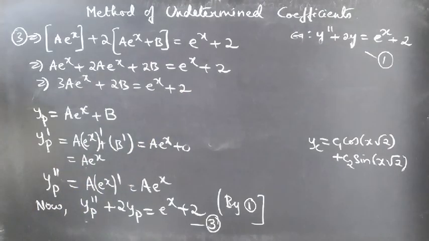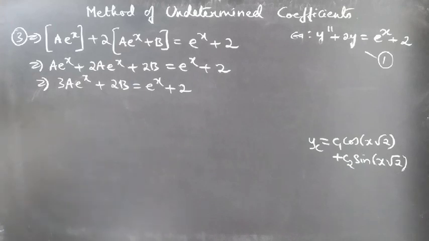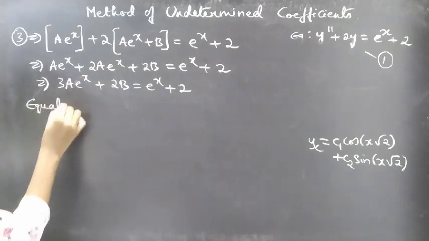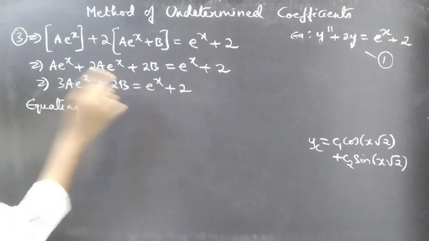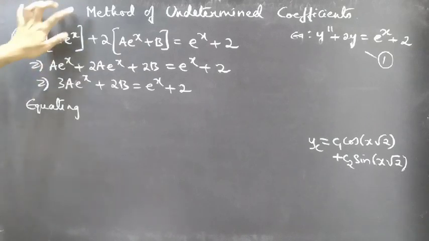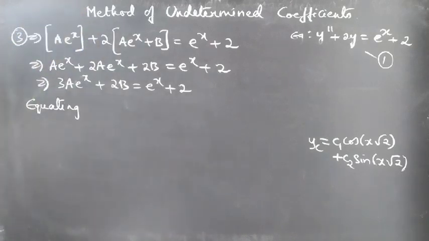Now equate the coefficients of like terms to find the values of the unknowns. See, these unknowns are the undetermined coefficients. We call these unknowns undetermined coefficients, so the method is called the method of undetermined coefficients.